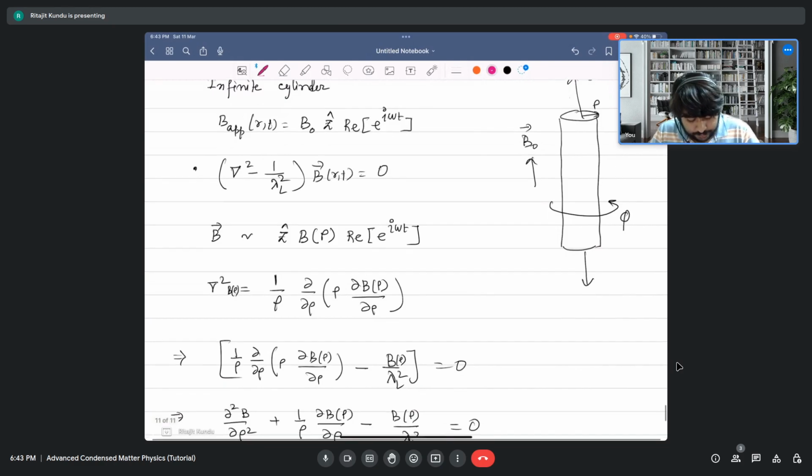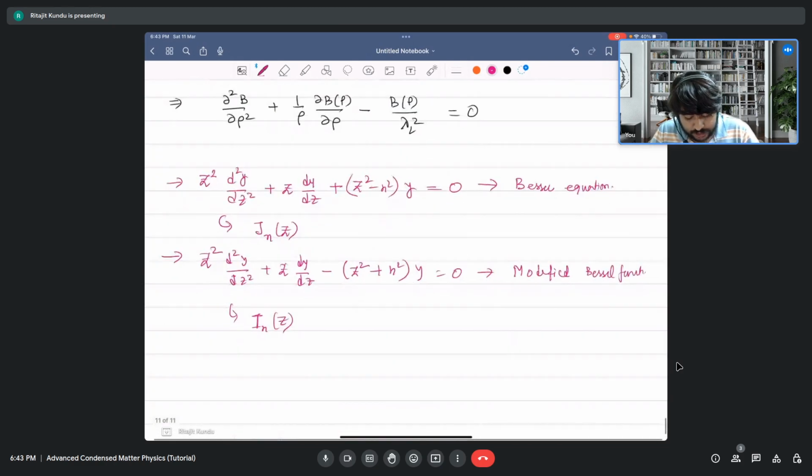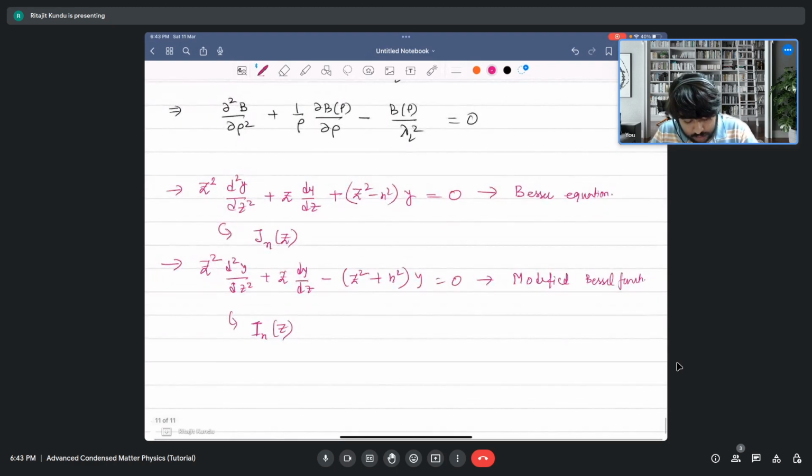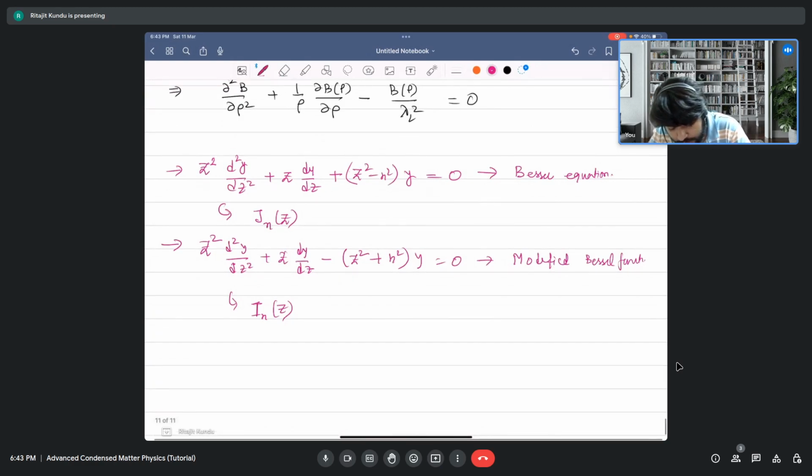With these things, let's see where we go if we plug in n equal to 0. In the modified Bessel equation, just put n equal to 0. Then we'll have z square d2y/dz square plus z dy/dz minus z square y equal to 0.